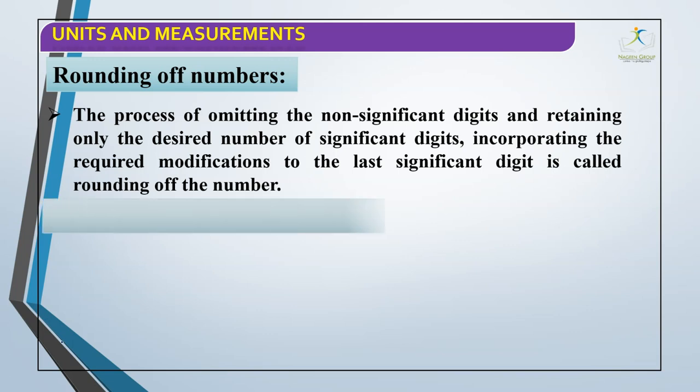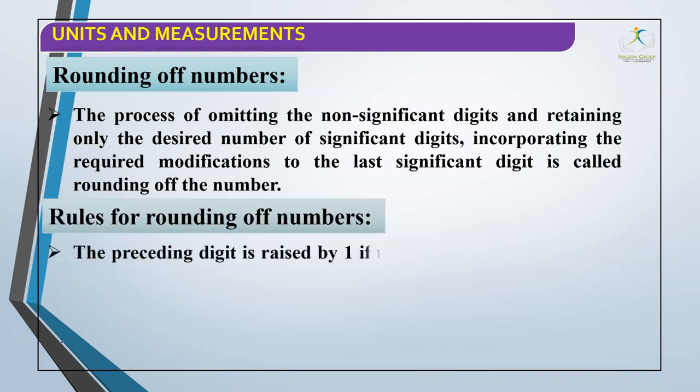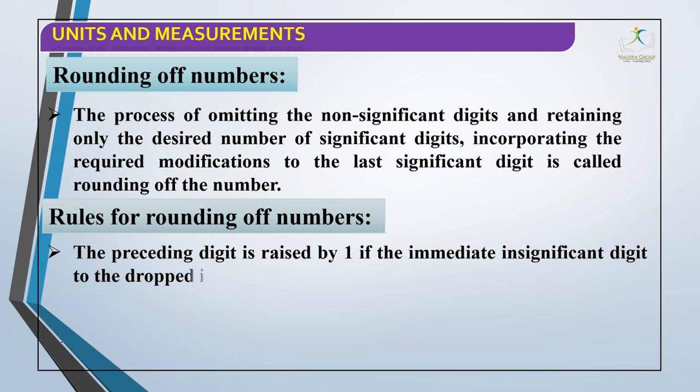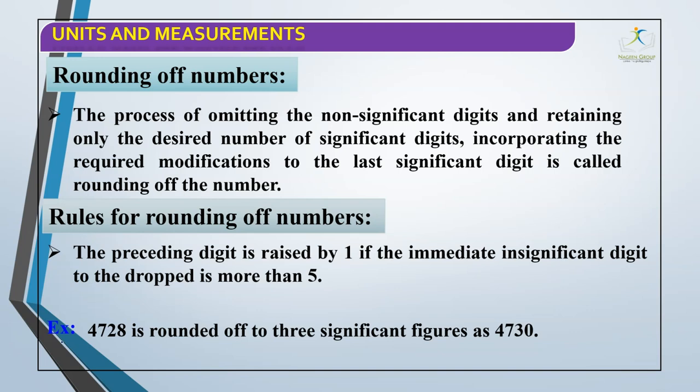Now, rules for rounding off: the preceding digit is raised by 1 if the immediate insignificant digit to be dropped is more than 5. For example, 4728 rounded to 3 significant figures is 4730. Why are we taking 3 significant figures?